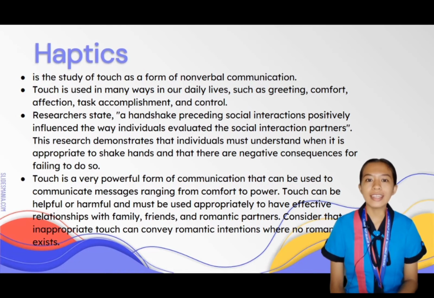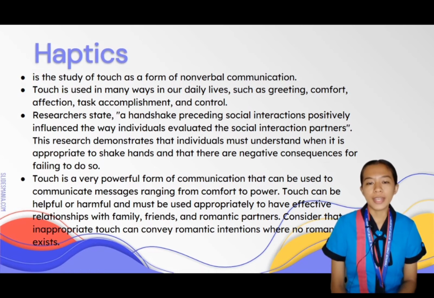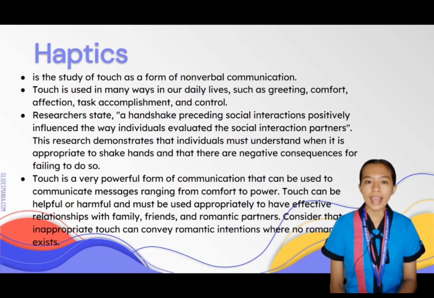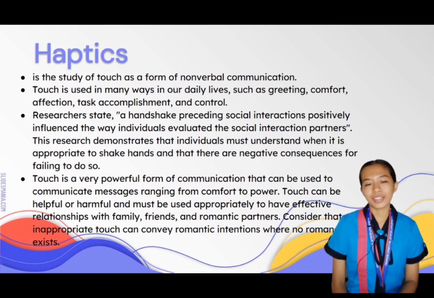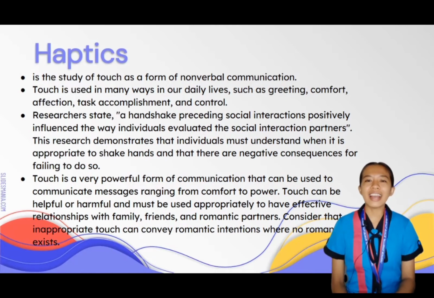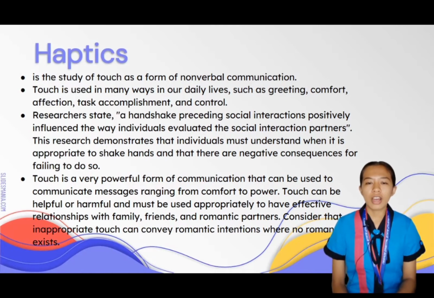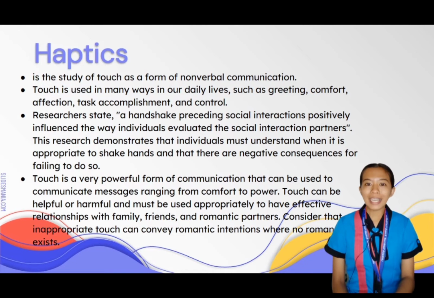Duration, frequency, and intensity of touch can be used to convey liking, attraction, or dominance. Touch can be helpful or harmful and must be used appropriately to have effective relationships with family, friends, and romantic partners. Consider that inappropriate touch can convey romantic intentions where no romance exists.